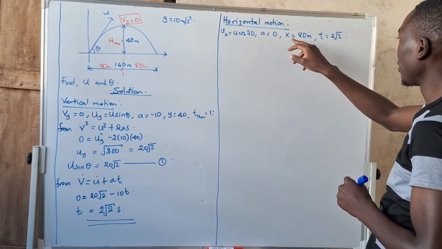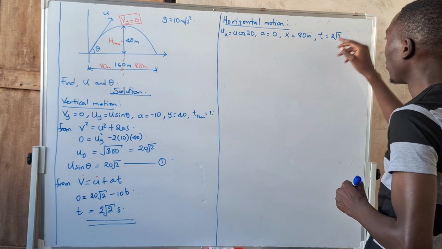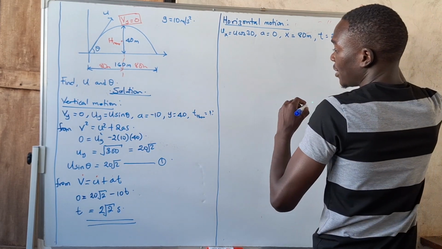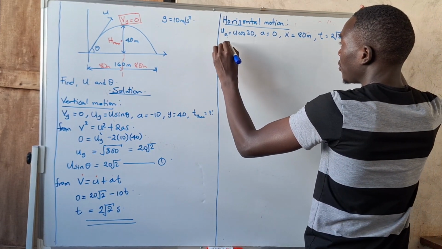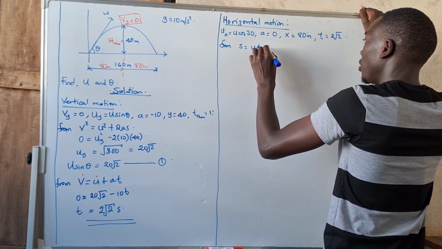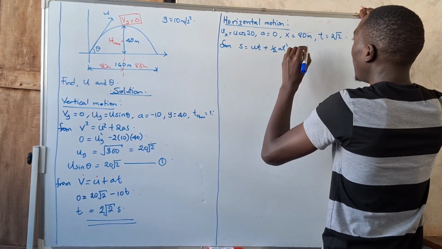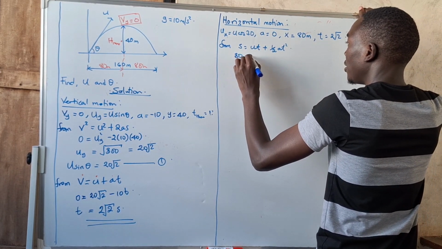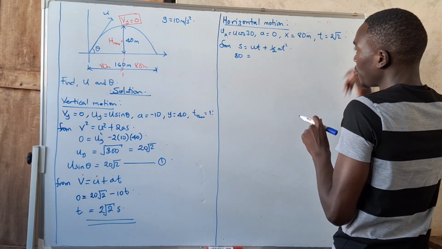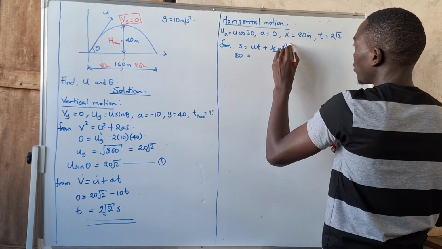And I think we have an equation which relates all of these, if I'm not mistaken. I think we know that s is equal to ut plus a half at squared, all these will be included. My s is 80. This should be equal to, now I hope you see, since the acceleration is 0, all this element will come to 0.